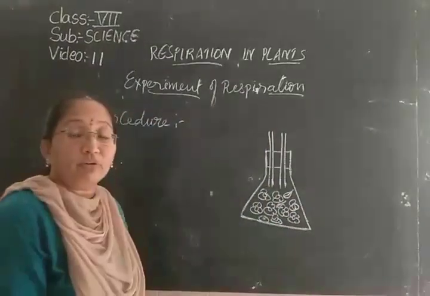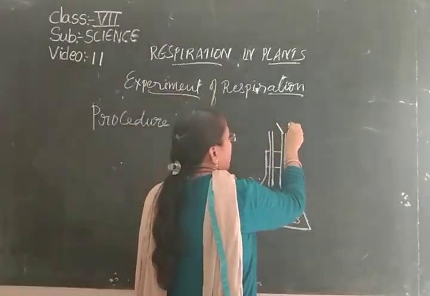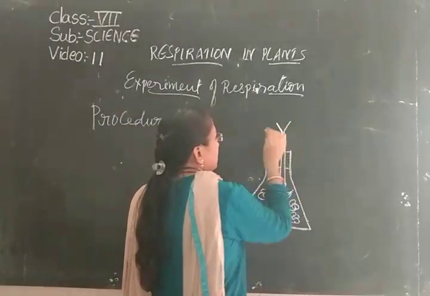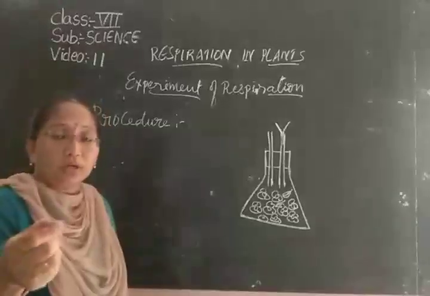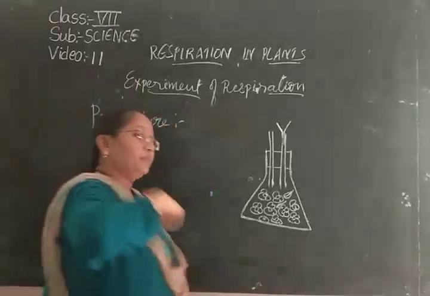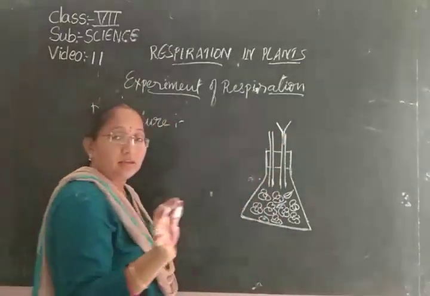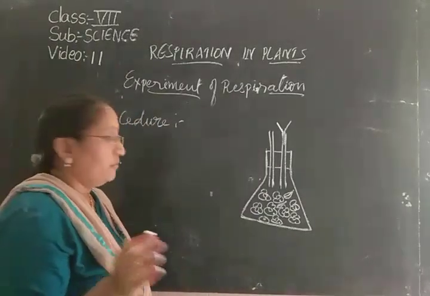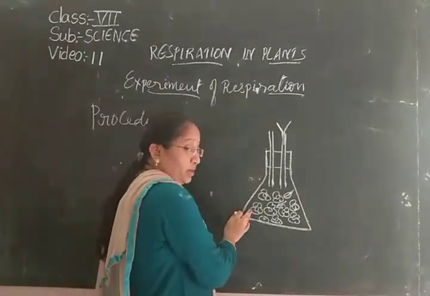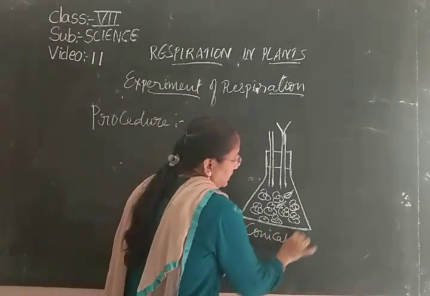If you fit them to the rubber cork, you can put a funnel on one of the glass tubes, and leave the other tube empty like this. Okay. First, take a conical flask. What is this? Conical flask.